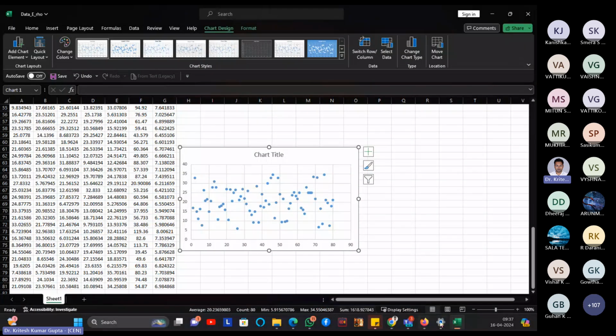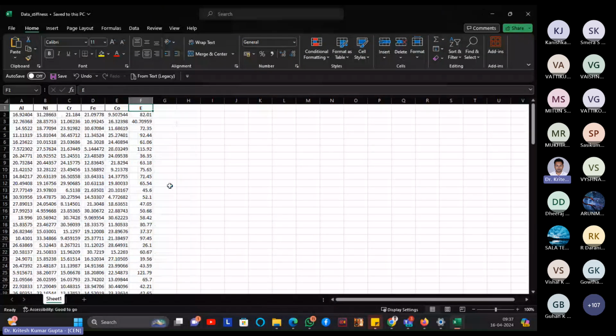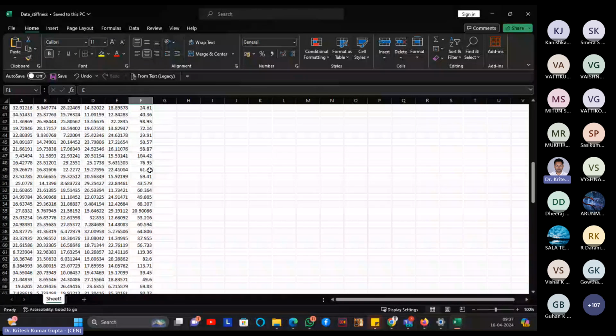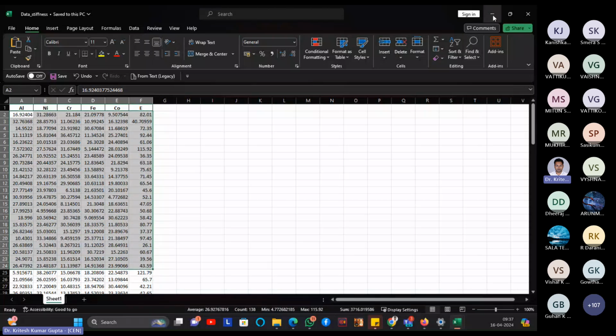So I have this data set where I have just considered stiffness, right? This data set I have shared with you as well. So we are just going to look at this data first.